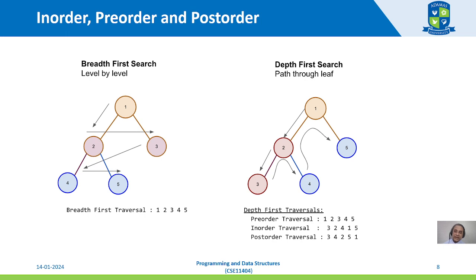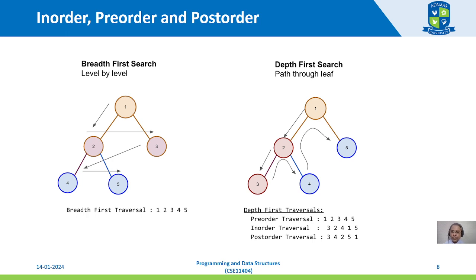And breadth first traversal traverses level-wise. That means when the first level is completed, then the second level will be completed, then the third level will be completed. Like this it will be traversed. So in case of breadth first search, the traversal will be 1, 2, then 3, then 4, then 5.